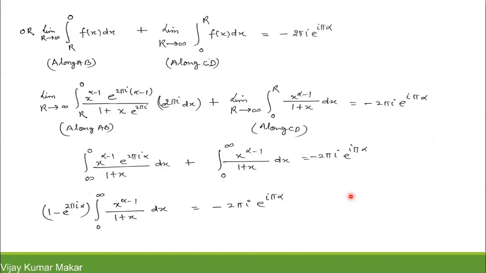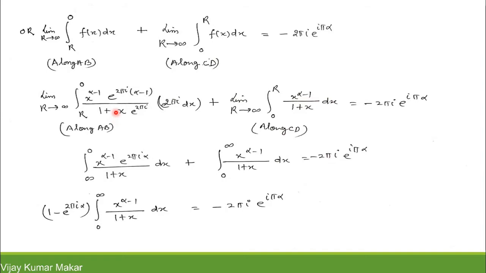So we get limit R tends to infinity, integration along the line AB from r to 0 of f(x) dx, and then the limit of the integral from 0 to infinity of f(x) dx, equal to 2 pi i times minus e raised to power i pi alpha.